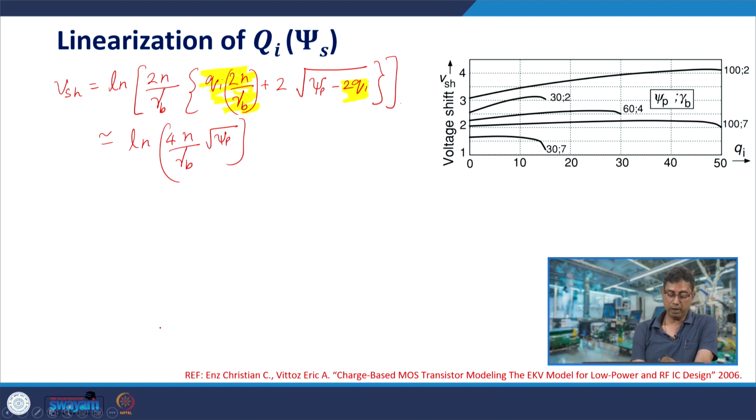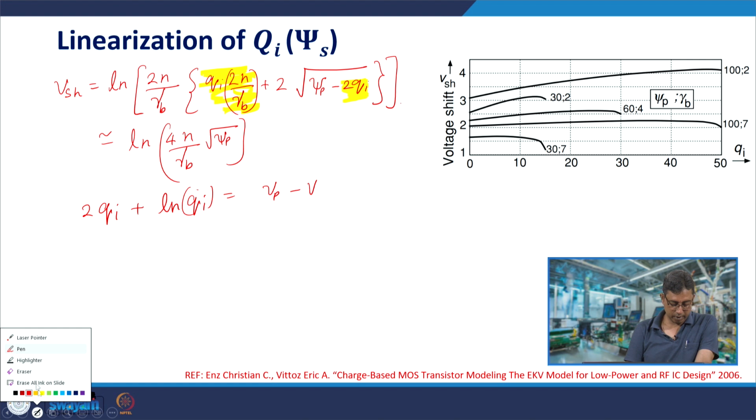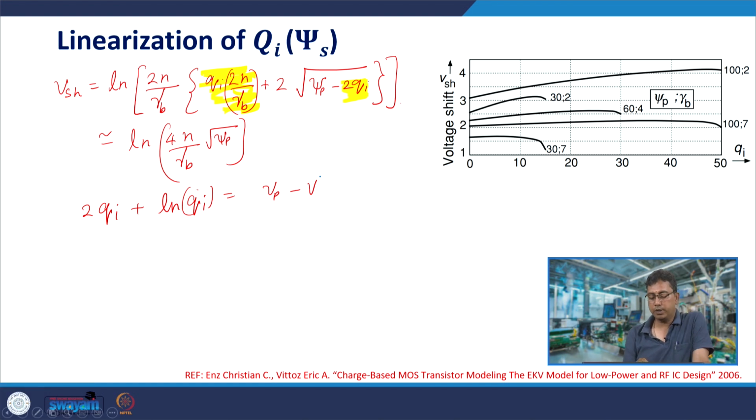So, therefore, in the expression 2 qi plus natural logarithm of qi is equal to Vp minus V, our inherent assumption that this expression holds stands on another assumption that Vp, equal to chi p minus 2 phi f minus VSH, is just a linear function of chi p. That is happening because VSH is almost constant.